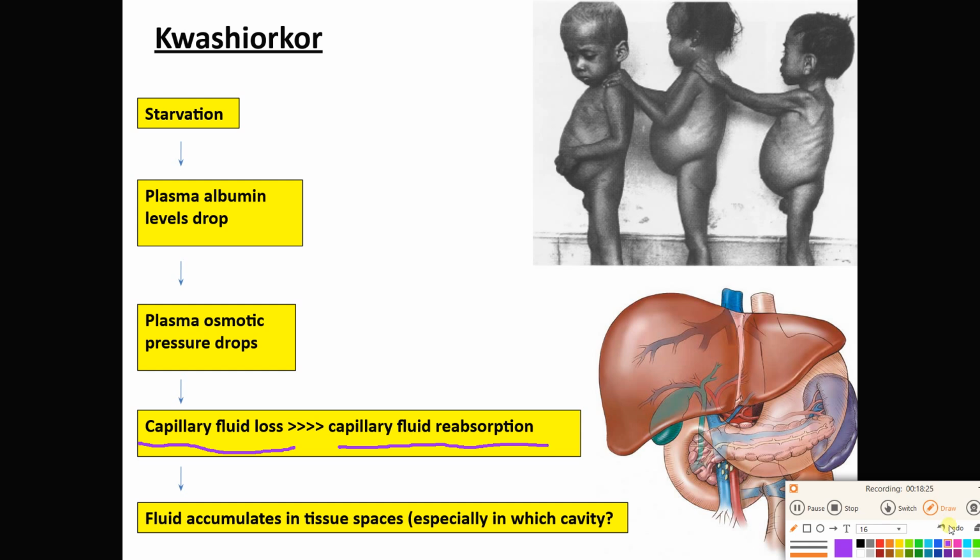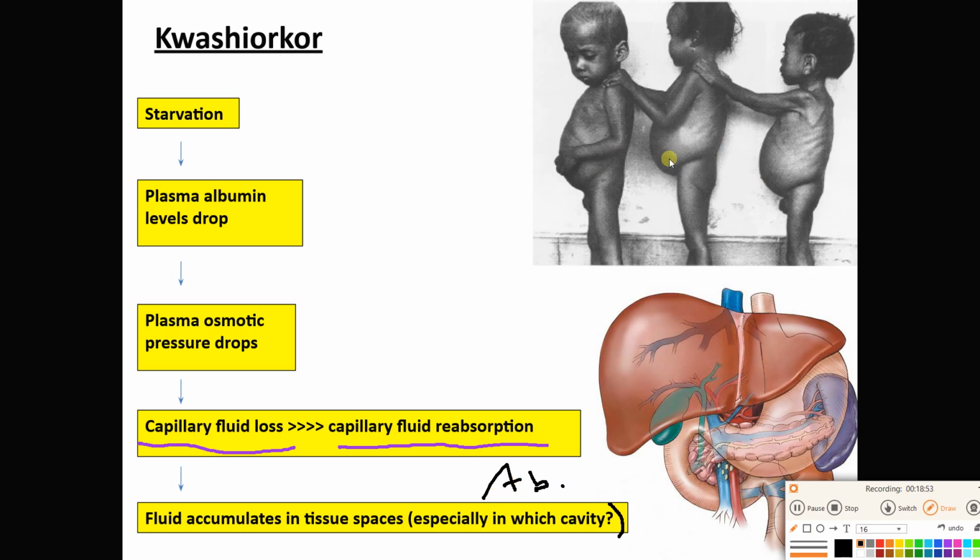And that means there's going to be accumulation of water in the tissue spaces. In these children, it is going to primarily accumulate in what cavity? It is in that abdominal cavity. Okay? So this is an example of a situation where we don't have enough osmotic pressure because of a lack of albumin, and there is fluid loss and fluid buildup.